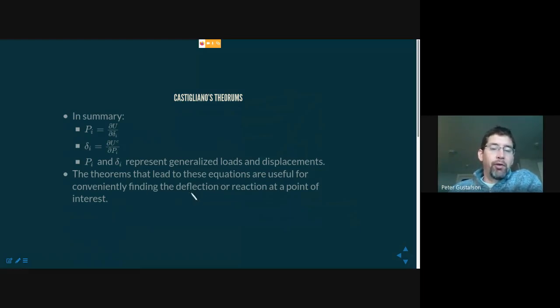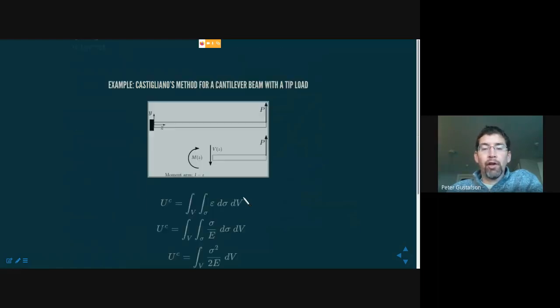These theorems really are useful for conveniently finding the deflection, or alternatively, conveniently finding the reaction at a single point of interest. It's rare that you're going to try and find the complete deflection using Castigliano's method. You might, it's possible, but usually you're only interested in a few points.